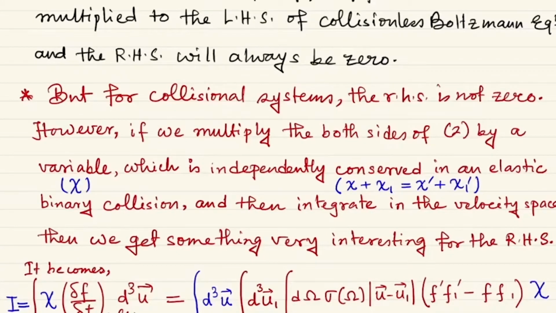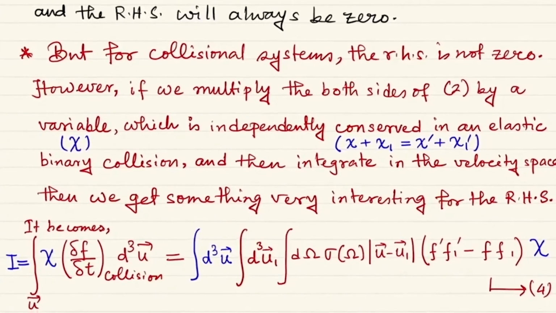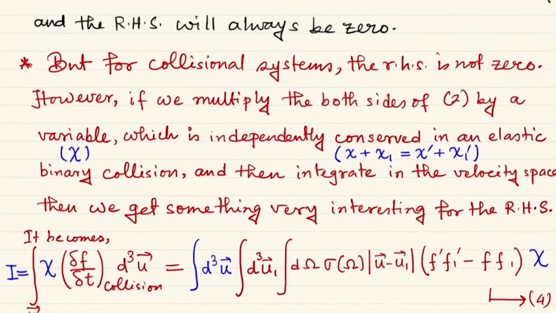At least for binary collisions, to get rid of the collision integral in the moments equation, we multiply with some independently conserved quantity, let's say chi, for example the components of velocity or the kinetic energy, and then integrate in the velocity space. Then we get something very interesting for the RHS.